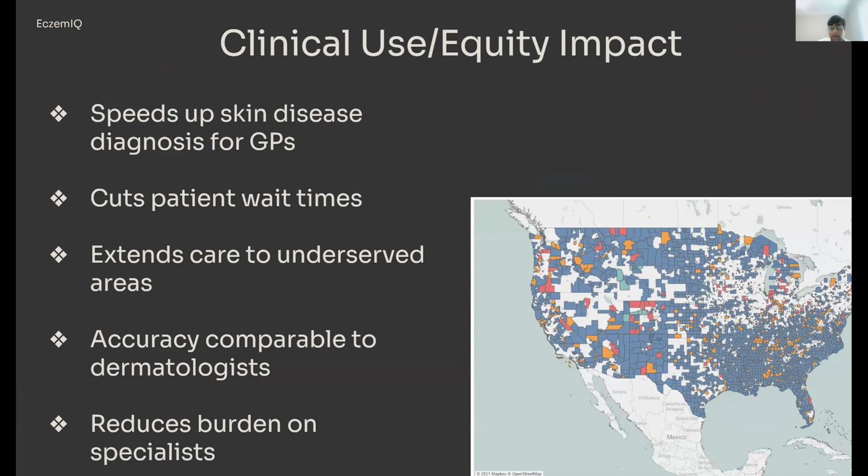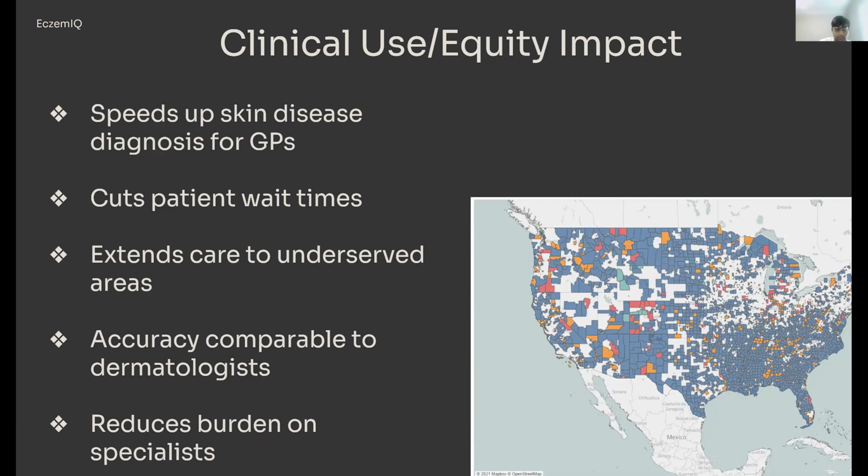And the impact that our model might have: clinics across the US could use this model to help with their regular use, increase their accuracy. It could speed up their diagnosis. It could cut patient wait times, because we have a shortage of doctors in the US.